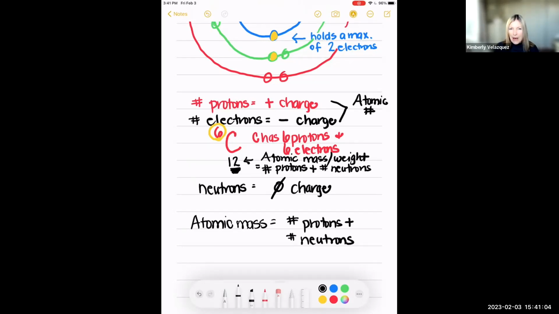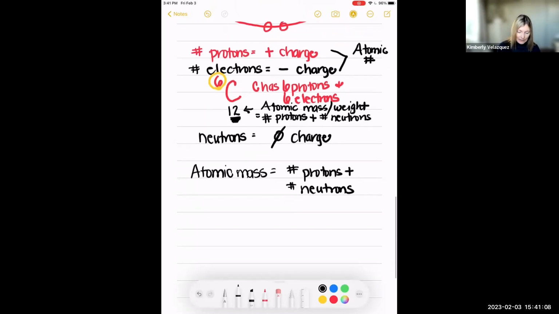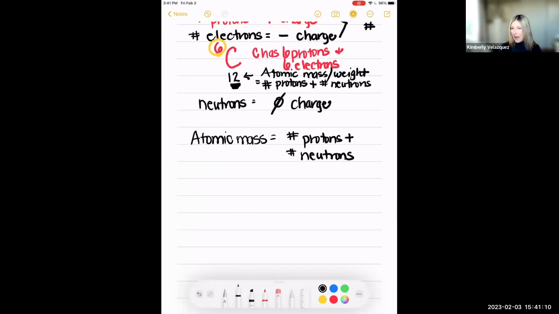let's figure out how many neutrons carbon has in its nucleus. Atomic mass of carbon is 12. And the number of protons we already determined is 6. So what we're saying is 12 is equal to 6 plus the number of neutrons.